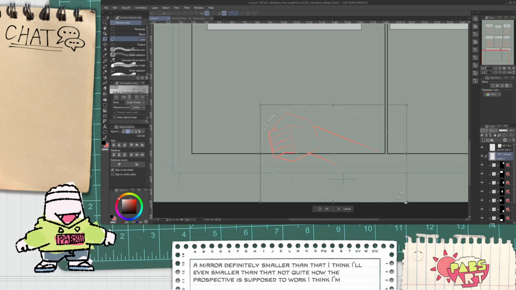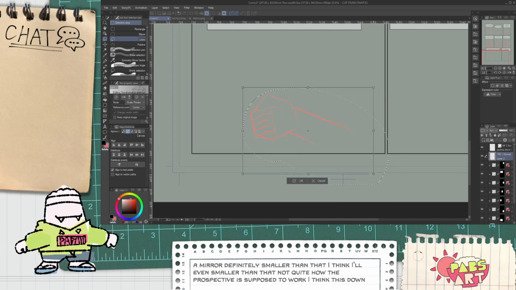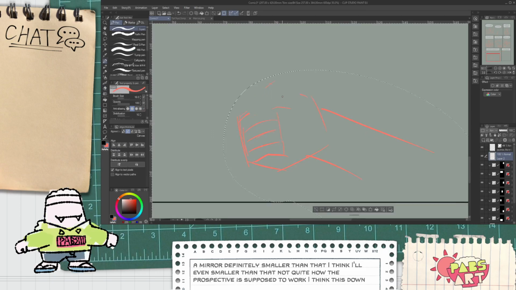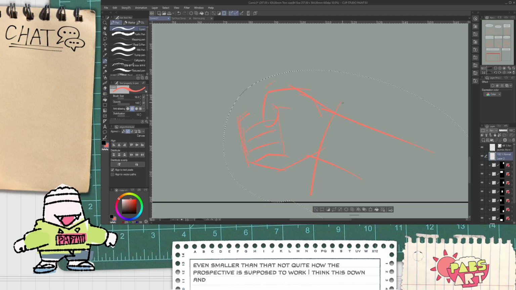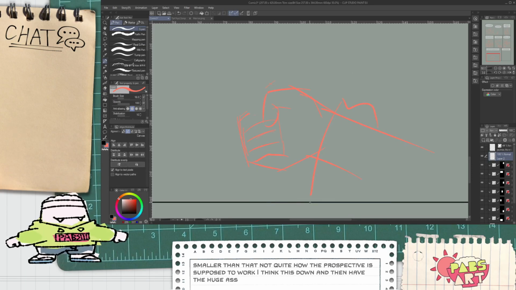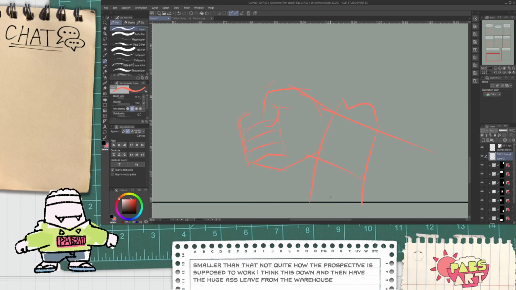Okay, and then shrink this down. And then have the huge sleeve from the warehouse jacket.